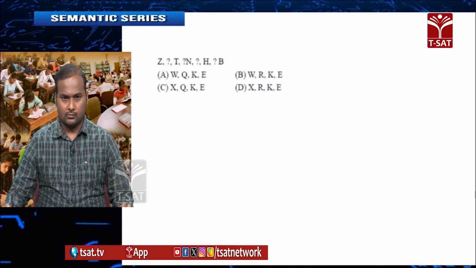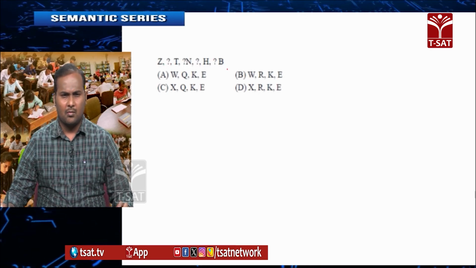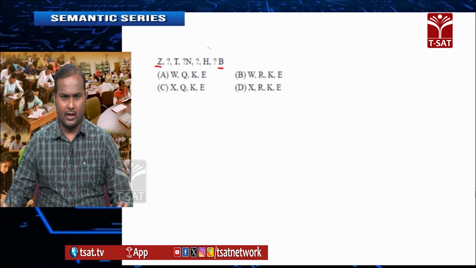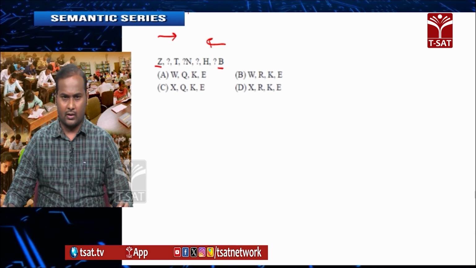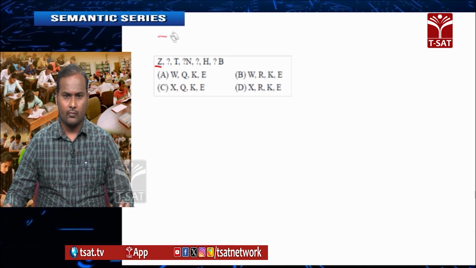See, in this question, this is the series that is given, but here it is B, here it is Z. So either it is increasing in this format or you can decrease in this particular way. You can do it in either way, that answer will be correct.